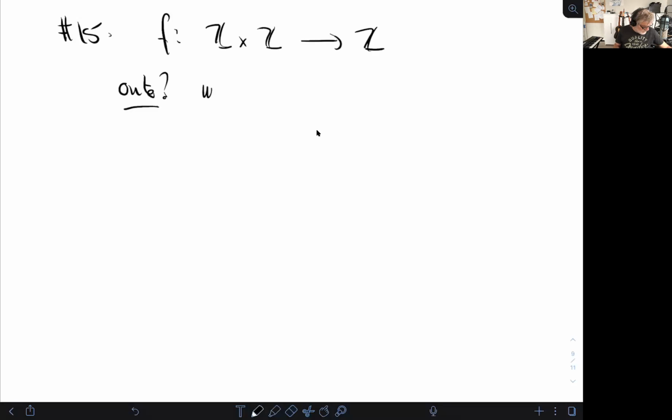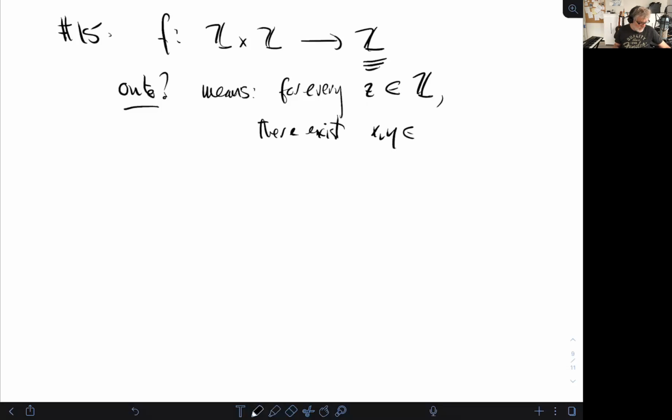That's the definition of onto: for every little z in big Z, there exists a pair x, y in Z times Z such that f of x, y equals z.